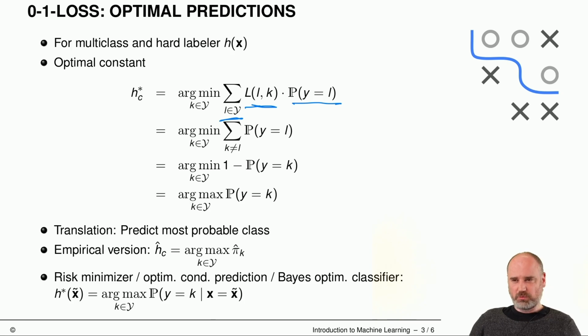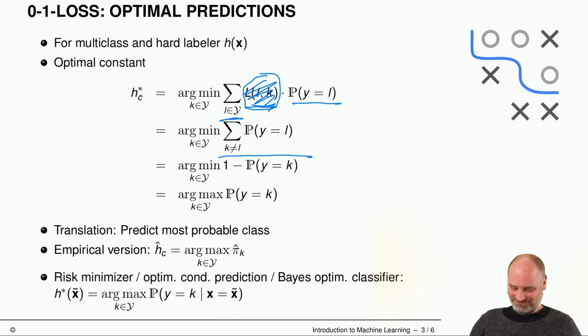Now, what do we have to do next? This is true for any loss function, but here we are operating under 0-1 loss, right? And 0-1 loss tells us that this thing here is always 1 in case l does not coincide with k. Only if the two are equal, then it's 0. So we can just remove that case from the sum. And we can also remove the loss, because in these other cases where k is not l, the loss function is 1.